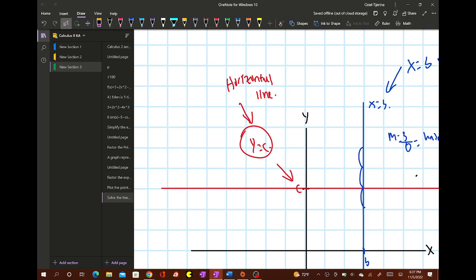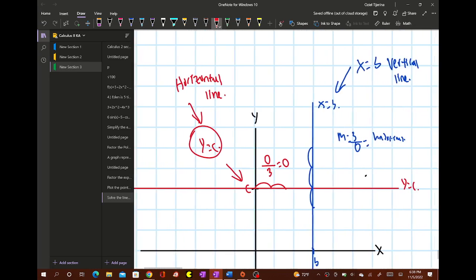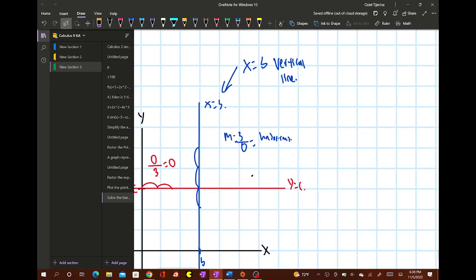This one is not rising, but it is running. It's rising at 0, and then it runs 1, 2, 3, 4, however many times. So it's like 0 over 3, for example, and that's still a slope of 0. That's the difference between vertical and horizontal lines.